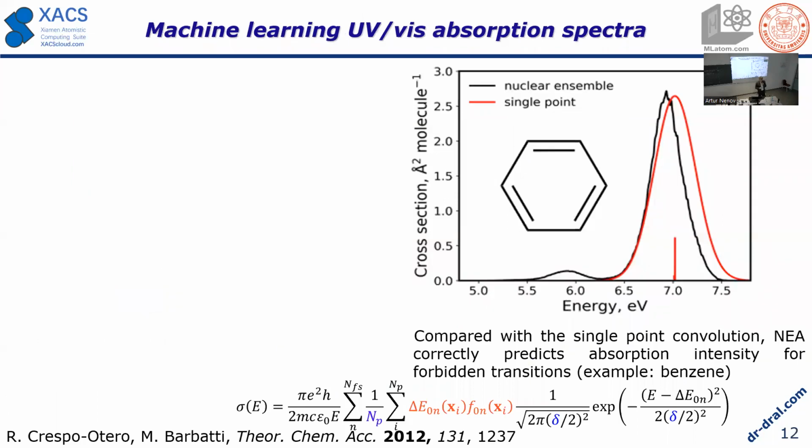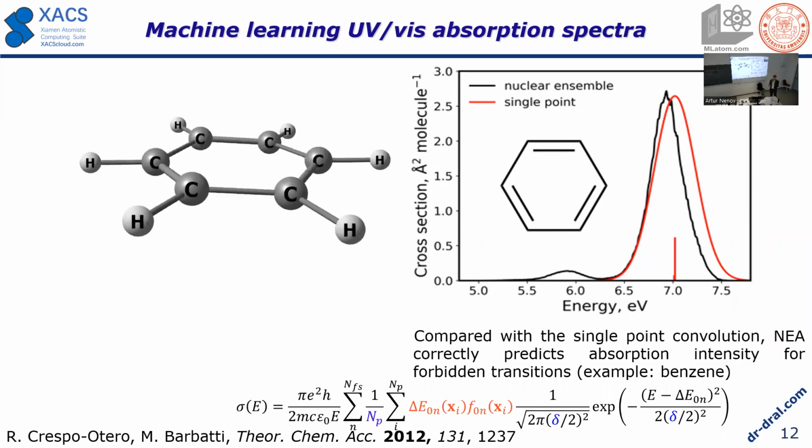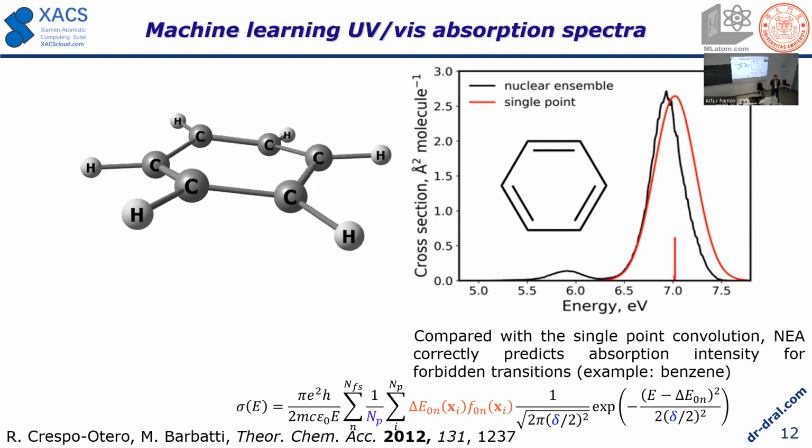The other way to do the spectra is to predict the same way as you would do in quantum chemistry. If you think about the typical way we simulate absorption spectra, there are several ways. One of them is, of course, the single point convolution. So you basically optimize the equilibrium geometry, calculate excitation energies and oscillator strengths, convolute it, and get your spectrum. The problem is, of course, that the molecules always move.